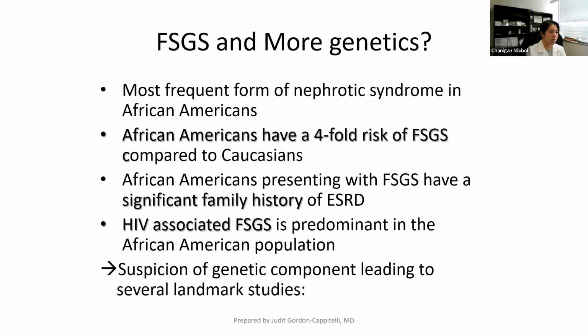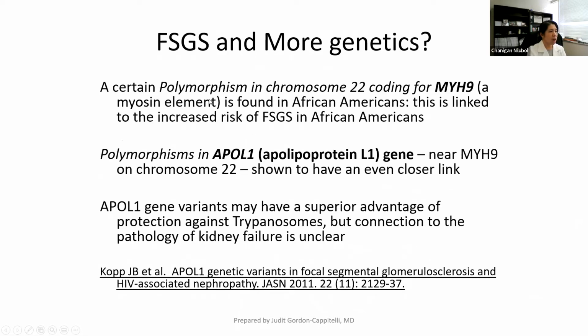The African American patients with FSGS have a family history of it. HIV-associated FSGS also is predominantly found in the African American population. Several of the studies in the past decade focused on APOL1, that if you have two risk alleles, that increases the risk of having FSGS.